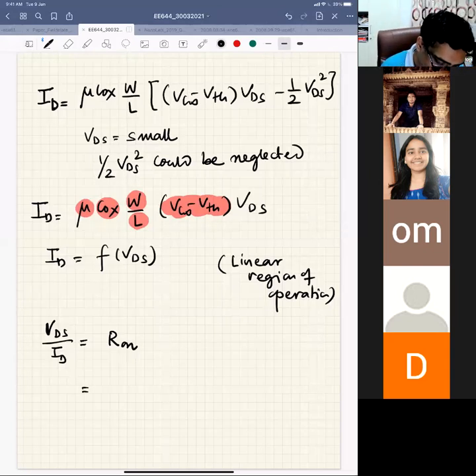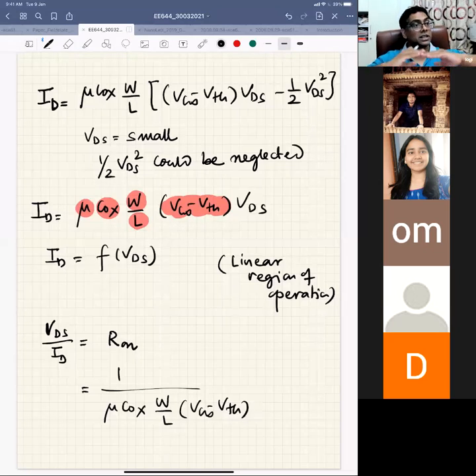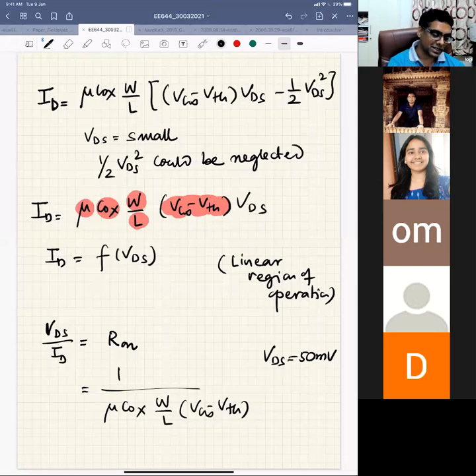This is nothing but 1 by mu Cox W by L, VGS minus VTH. You always measure on resistance in the linear region, when your VDS is very small. If somebody asks what the on resistance of a MOS transistor is, you apply a very small VDS, generally around 50 millivolt, and measure the current. Then you take VDS by ID, and that gives you the on resistance of the transistor.